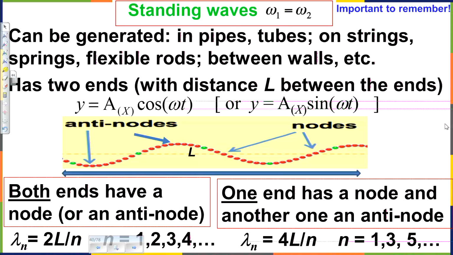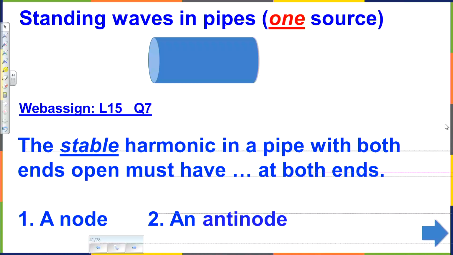Case number 1, one end of a wave doesn't move, another moves. Case number 2, both ends move or both ends fixed. And our goal now is to derive an equation for the modes, harmonics, which could be generated in those devices.